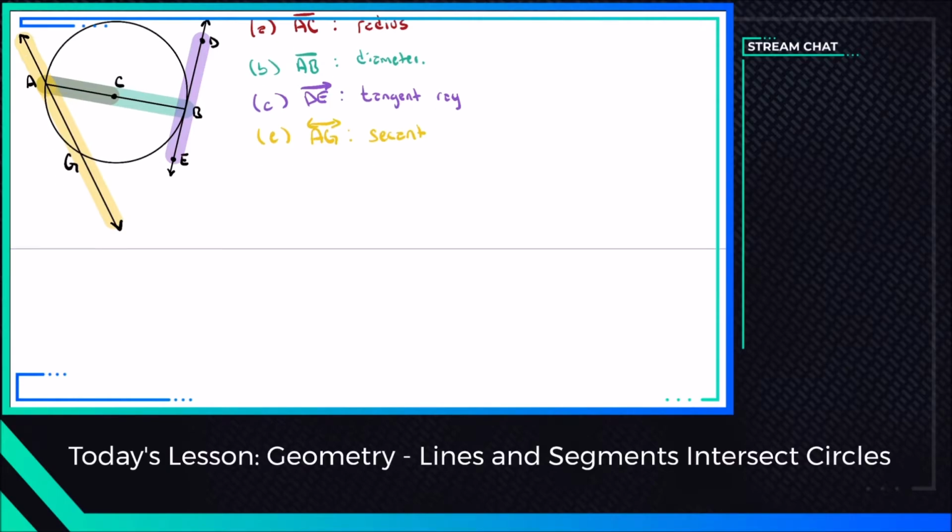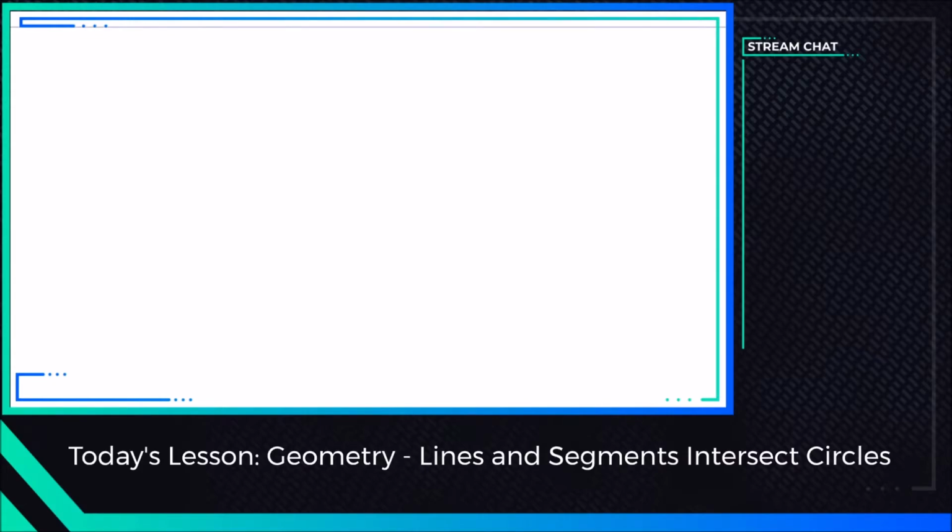So now that we've identified some lines in our circle, why don't we go ahead and take a look at some different types of circles you might see. So let's talk about coplanar circles and common tangents.